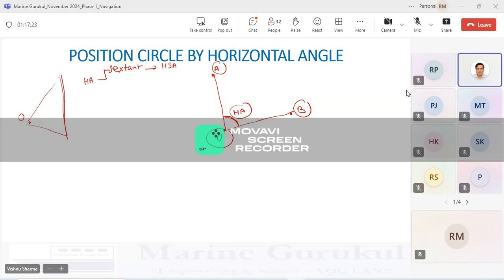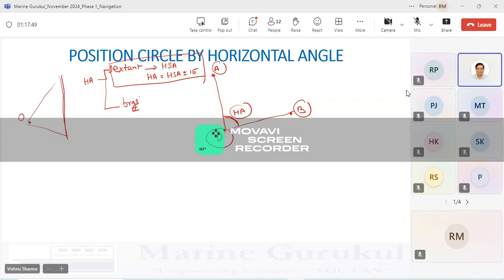And how will the horizontal sextant angle be converted to horizontal angle? In that case, horizontal angle will be horizontal sextant angle plus or minus index error. So one method of getting the horizontal angle is by sextant. The second method of getting the horizontal angle is by bearings.